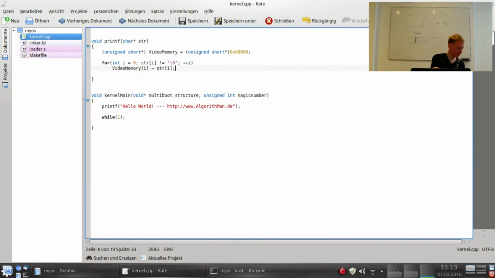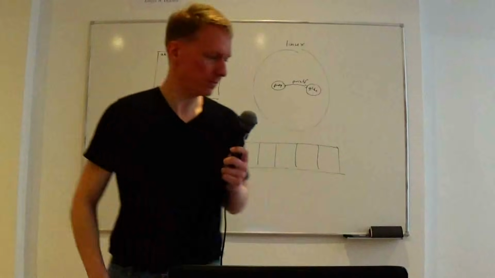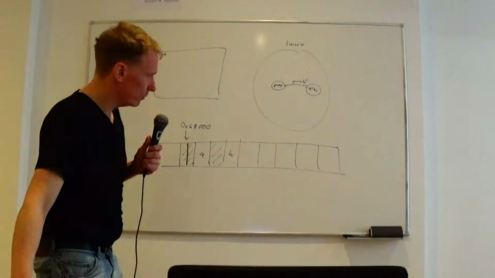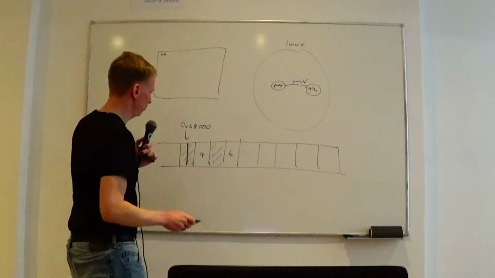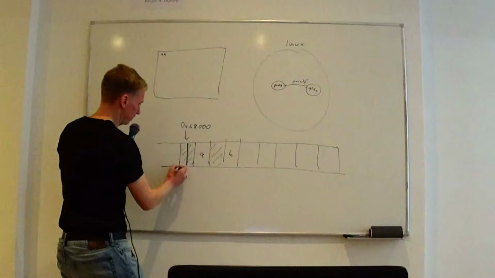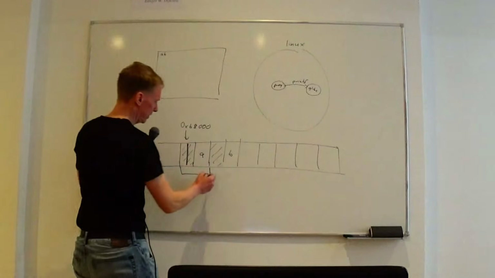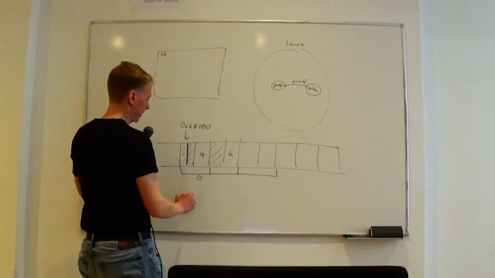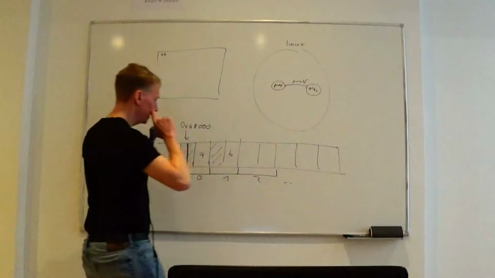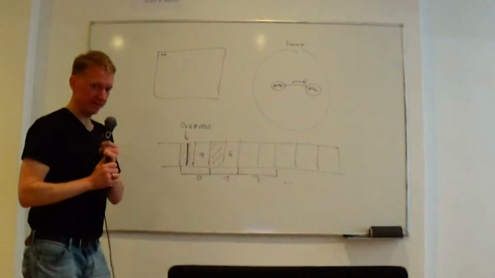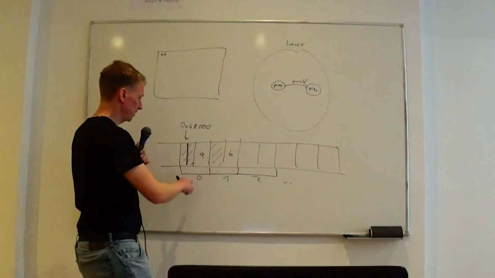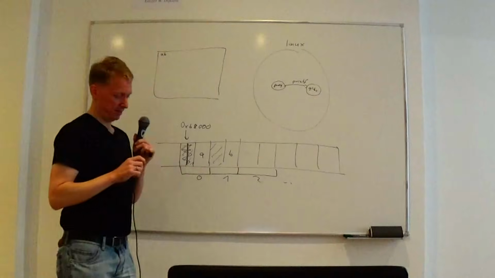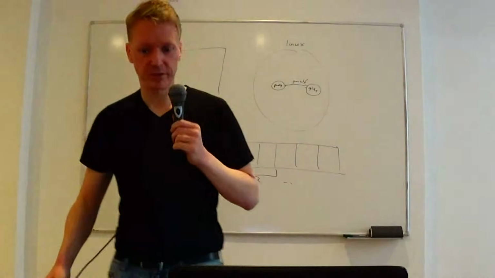So this would already work, but I've declared this as an array of unsigned short, so 2 bytes at once. These 2 bytes are grouped together, and so on. So this is element 0, 1, 2, and so on. If I set it like this, there's the problem that I'm overwriting this high byte. So I need to stop doing that.